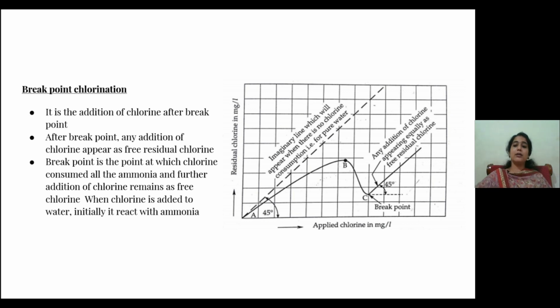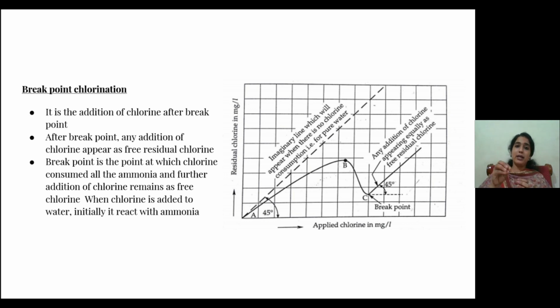Then the addition will result in a straight curve which is parallel to the dotted line shown in the graph. The dotted line is the chlorine addition in pure water. In pure water, there are no impurities and no bacteria. When we add chlorine to that water, it will be directly proportional to the residual chlorine.